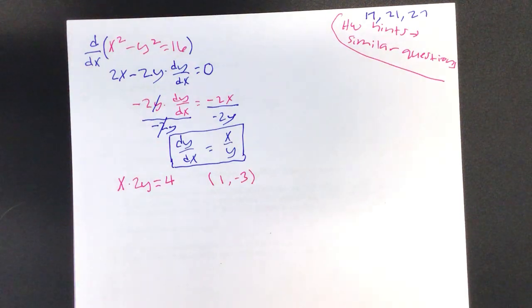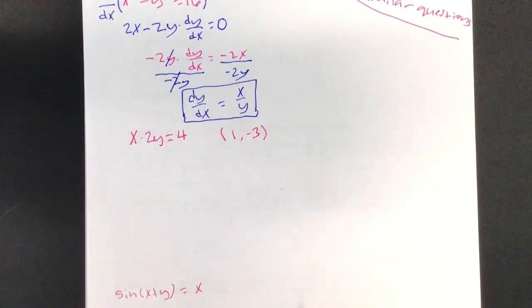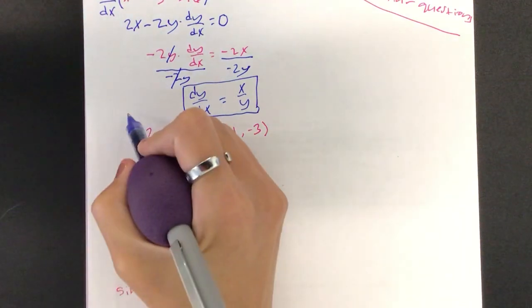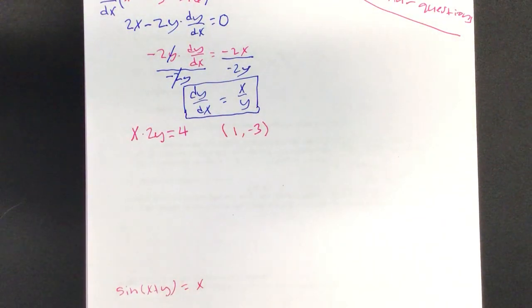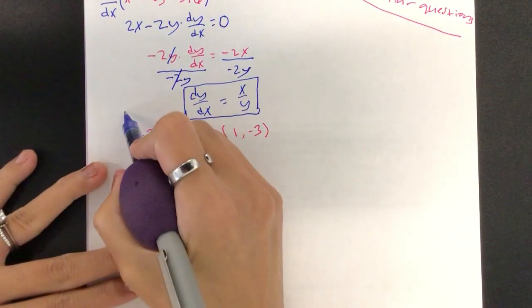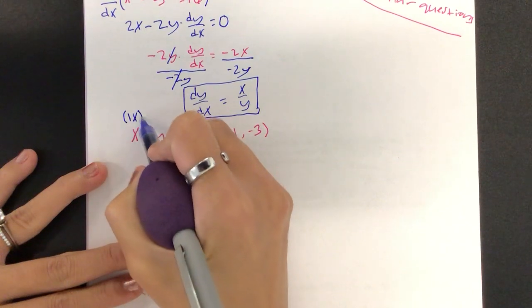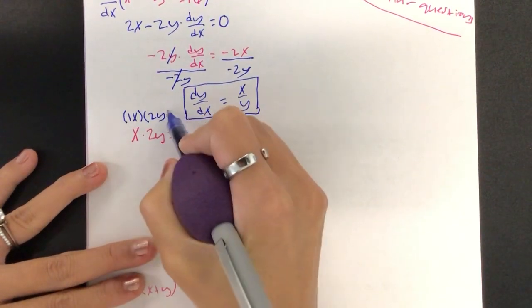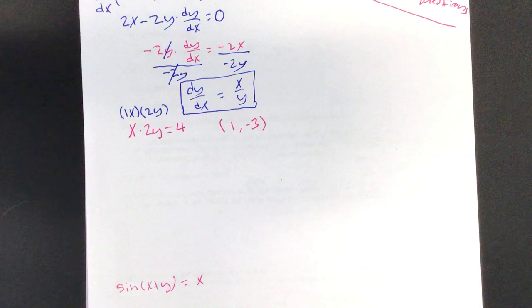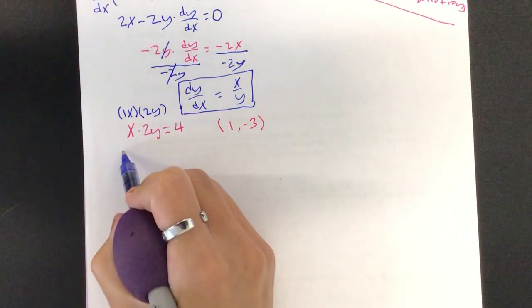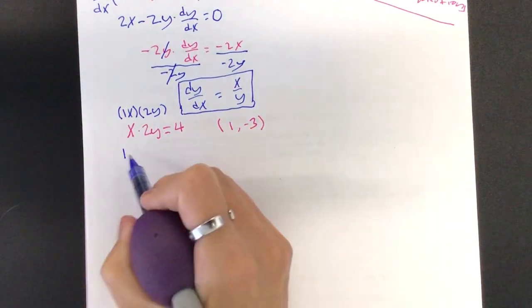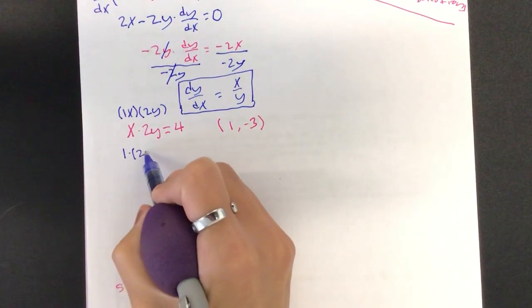The next one. What rule am I going to use on this one? If a number is side by side with the letter, what does that mean? We have a, what rule? Uh-oh. Product rule. So our product rule, let's do a quick reminder. We derive the first piece, which is 1. And then I keep the second piece.